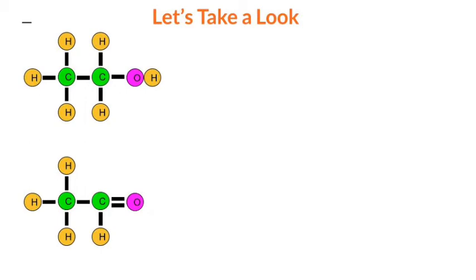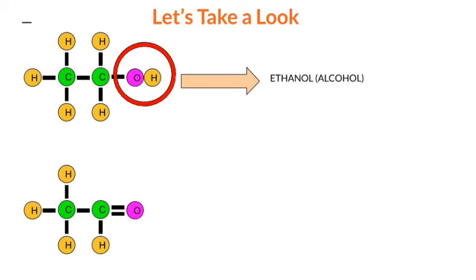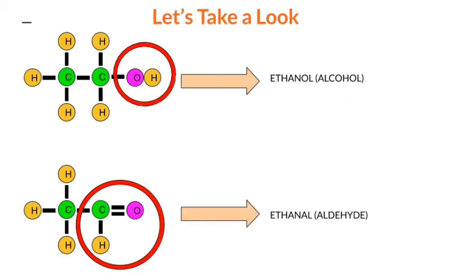In the first carbon compound the functional group is OH, which represents alcohol, so its name can end in ol, but based on the number of carbon atoms, its name will be ethanol. However, in the next, the functional group is CHO, but the skeleton carbon chain is the same, so the name will be ethanal, which is an aldehyde.